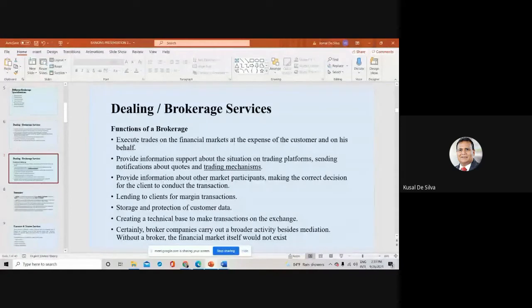Then certainly the broker companies carry out broker activity besides mediation. Without a broker, the financial market itself would not exist.